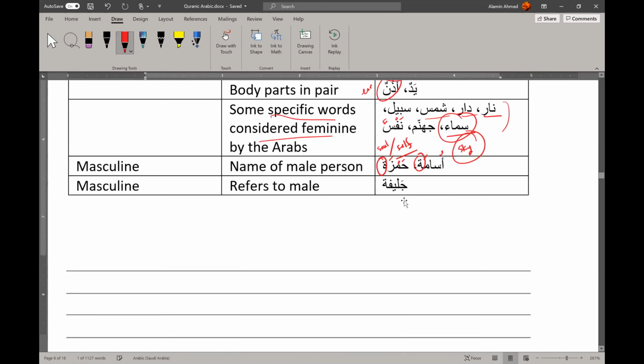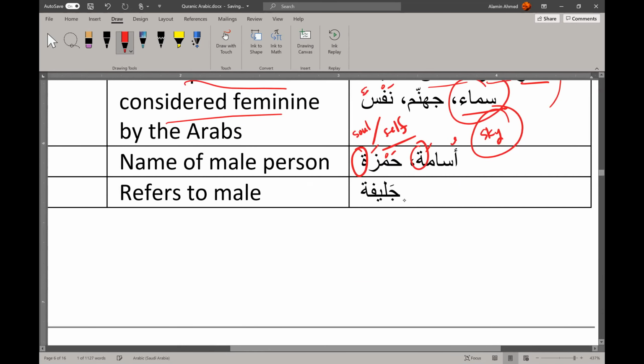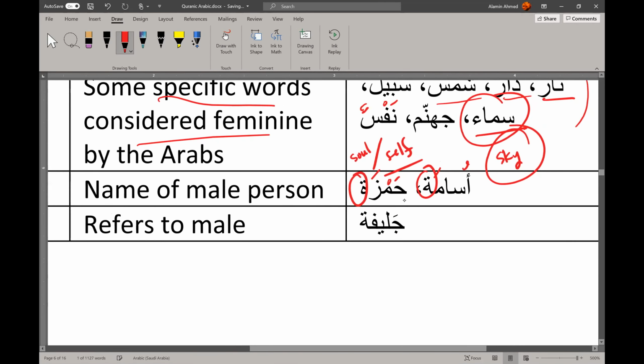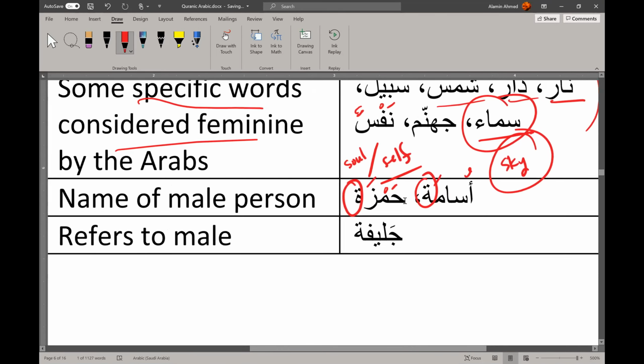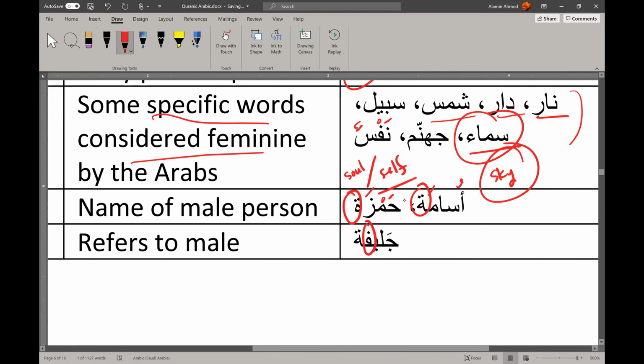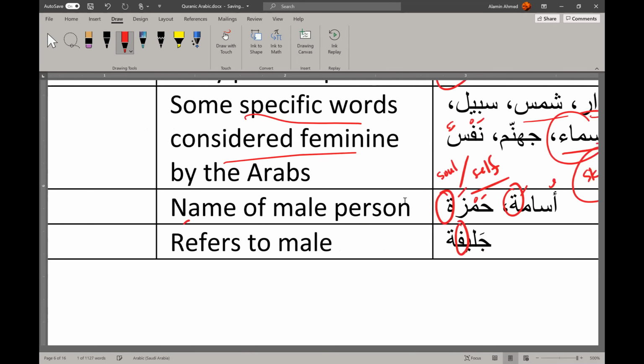And here's another example: khalifa. Can somebody tell me what I should put here? The fa, what haraka should go on the fa? I want you to understand this concept, because you think it's trivial, but it's not. Yes, it will get fatha. Now I have another question for you.